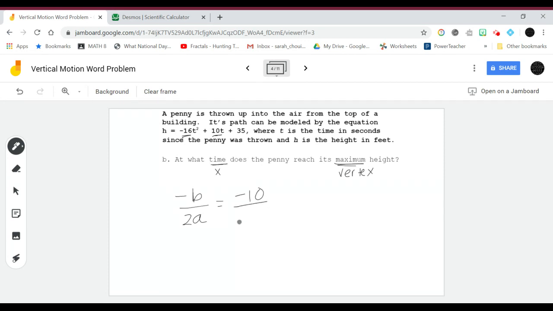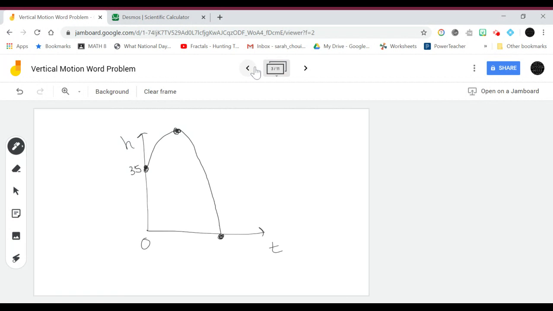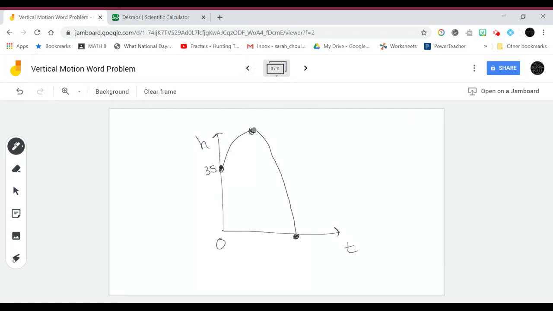So we're going to do the opposite of b over 2 times a. So that's negative 10 over negative 32, which we're going to round to the nearest hundredth, is going to be 0.31. So it's going to take 0.31 seconds to get to the maximum height. If I go back to my graph, this highest point is 0.31 seconds after the penny is thrown.